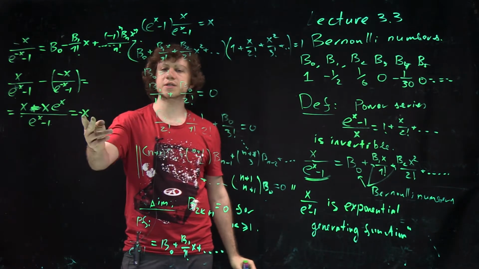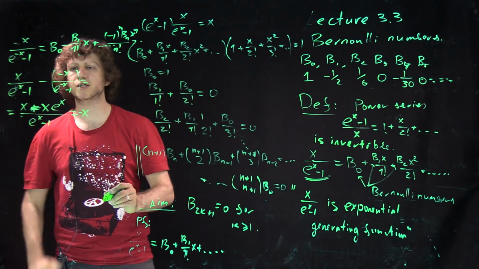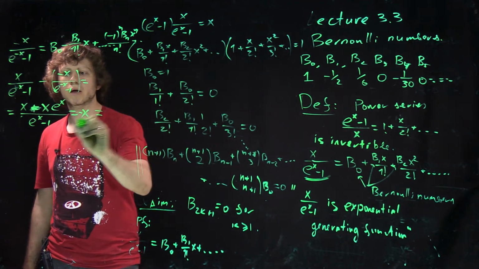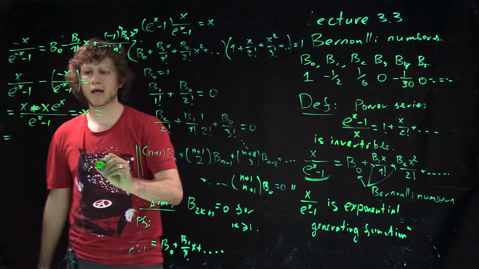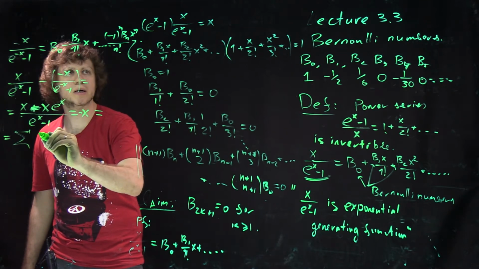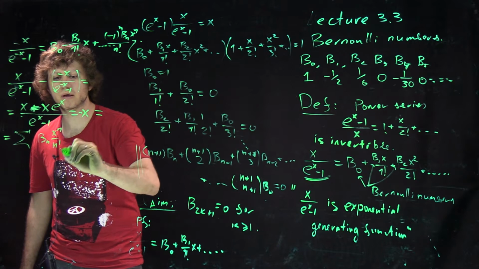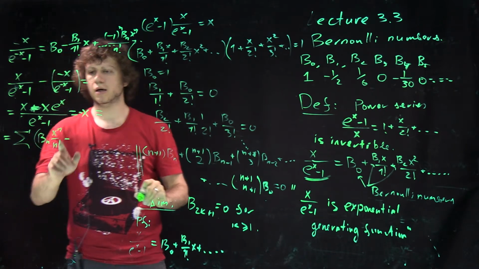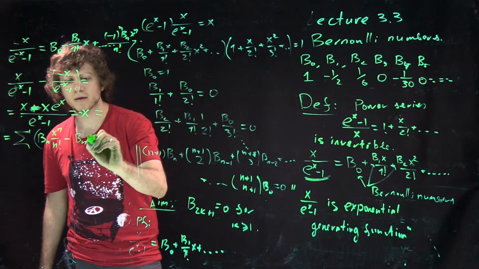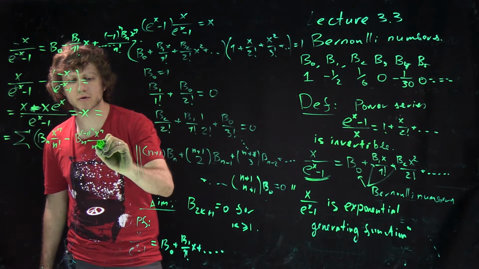On the other hand, this equals the sum bn x power n over n factorial, and then I subtract, where I substitute the sign before x, bn minus 1 power n x power n over n factorial.